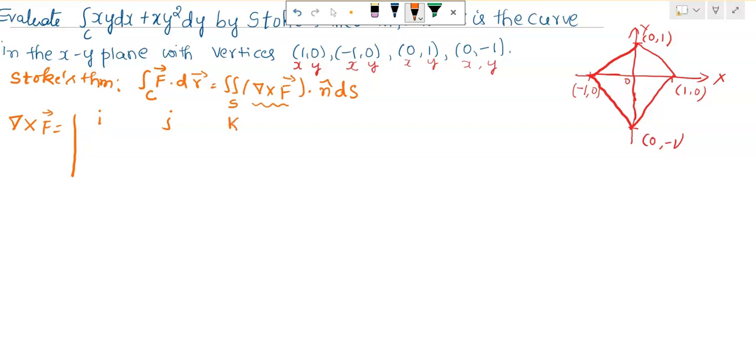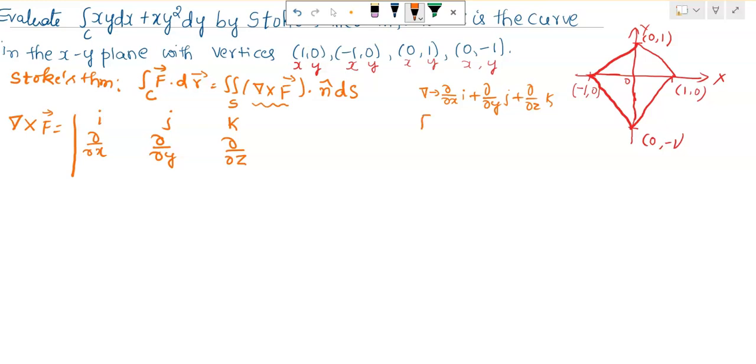Nabla is defined as dou by dou x into i plus dou by dou y j plus dou by dou z k. So the coefficients of i, j, k we have to write in the second row. That is dou by dou x, dou by dou y, dou by dou z. And in the third row, the F vector.